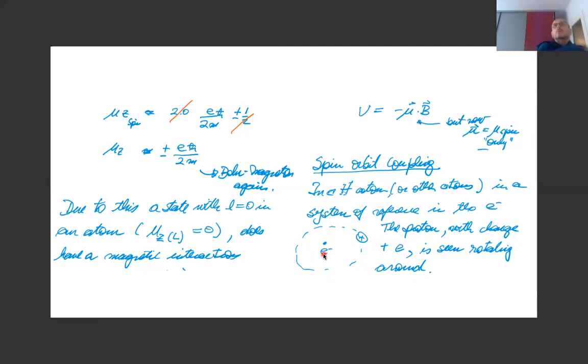We will see the proton going around. It's like us on Earth. What do we see with respect to the sun? We see the sun making a circle around us. It's circling.